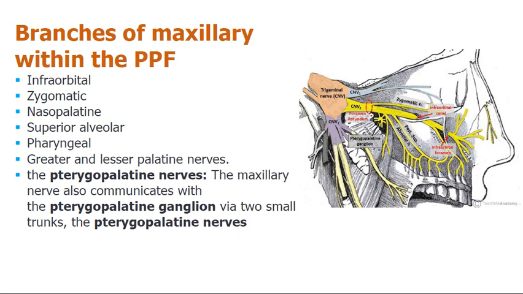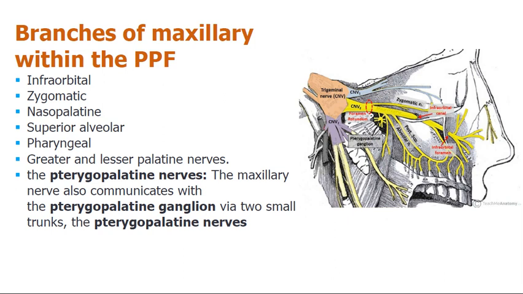Nasopalatine also is an important nerve supplying the nasal mucosa, or the superior alveolar nerve like this. These nerves supply the alveolar process and also the teeth of the upper jaw. The posterior group of the teeth of the upper jaw is supplied by this nerve, which is sensory.